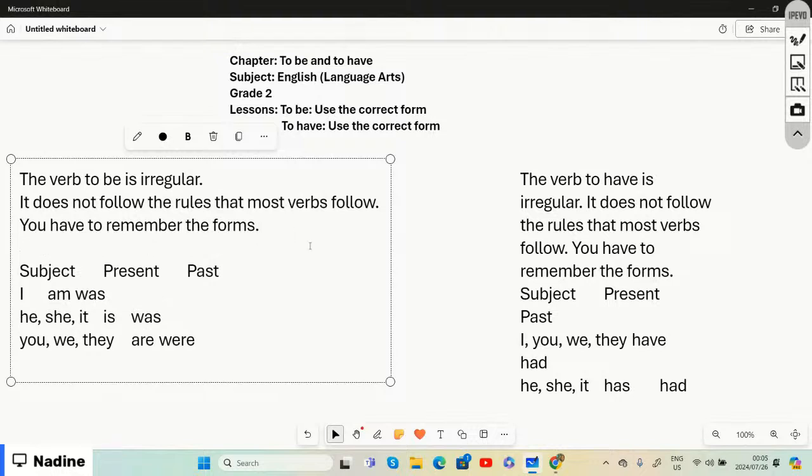And the lessons that we're going to be doing under the chapter of to be and to have is to use, firstly, to be, to use the correct form, and to have, to use the correct form.